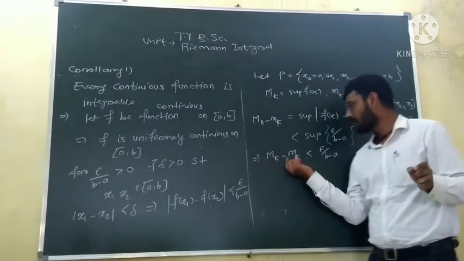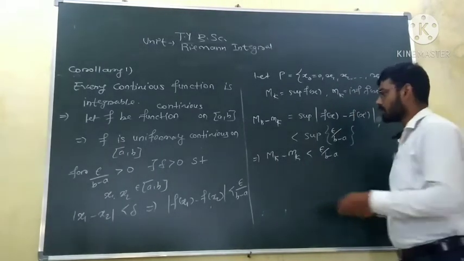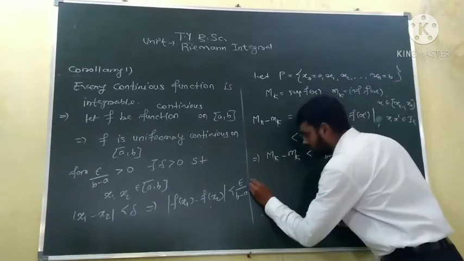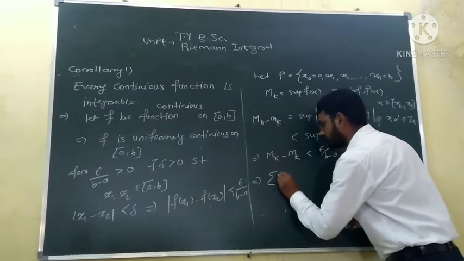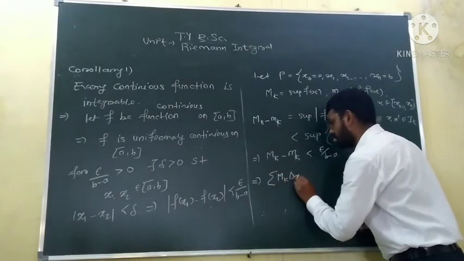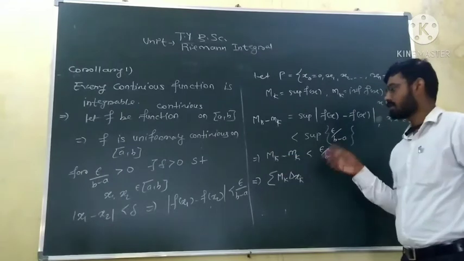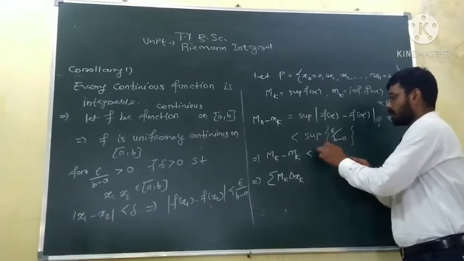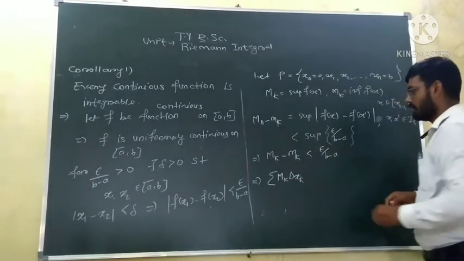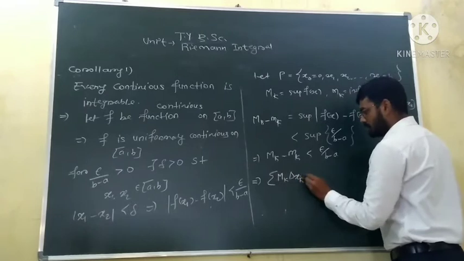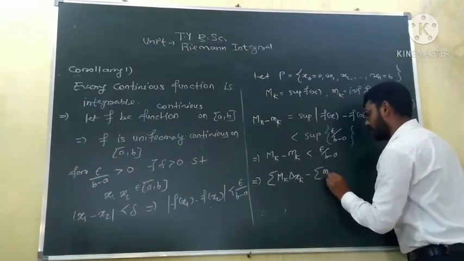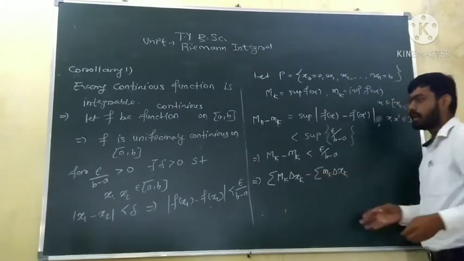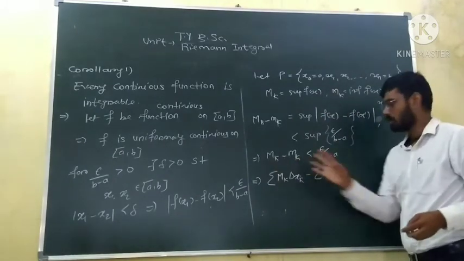So this becomes the upper sum, and here we can write the lower sum. Multiply by delta xk and take the summation. This implies summation of Mk delta xk minus summation of mk delta xk. Now I will directly separate the summation: summation of capital Mk delta xk minus small m, that is the infimum, into delta xk, where the summation varies over the partition, k is equal to 1 to n.